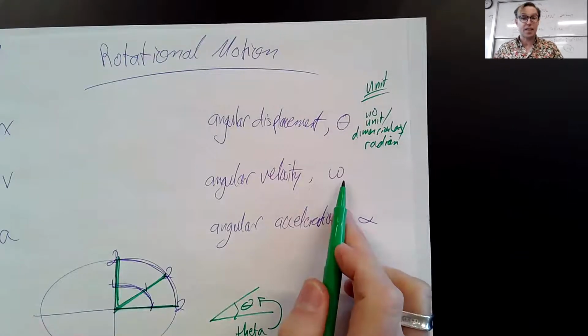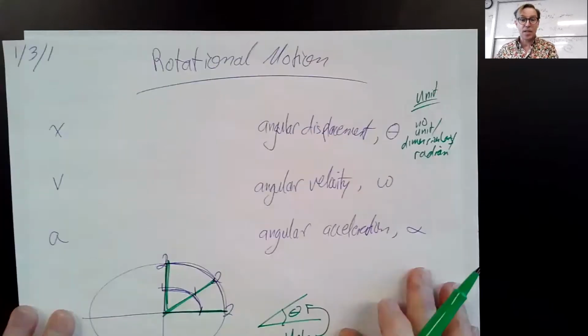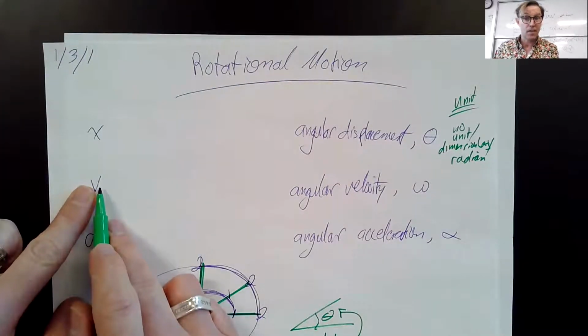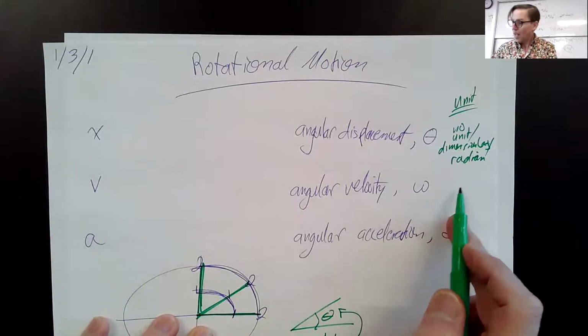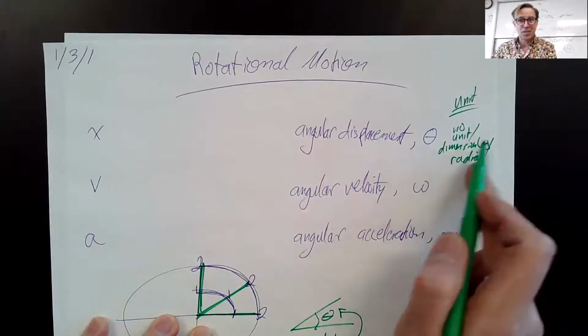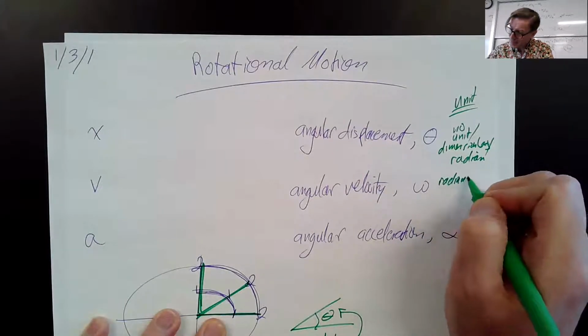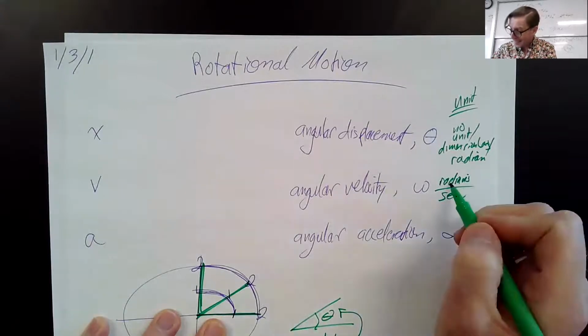So angular velocity, what is that unit? You can go back and think about that later. I'm going to move on. Angular velocity. Well, velocity is how far you go divided by how long it takes. So angular velocity is how far you turn divided by how long that takes. Well, how far you turn is measured in, so I could say it's in radians per second. Remember that radian really doesn't exist.